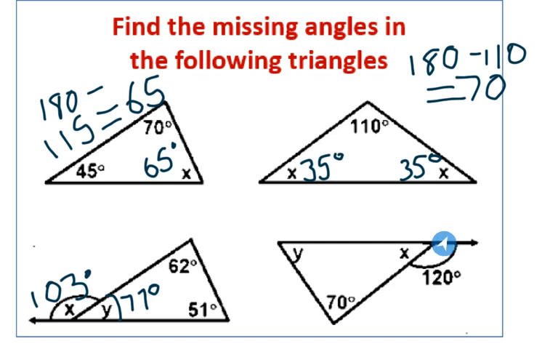They're on a straight line along here. 120, and I know we must have a missing 60, because 60 and 120 make 180. So now I can work out Y, because these three angles will add up to 180. So 70 add 60 is 130. 180 take away 130 is 50. And there are my three angles.